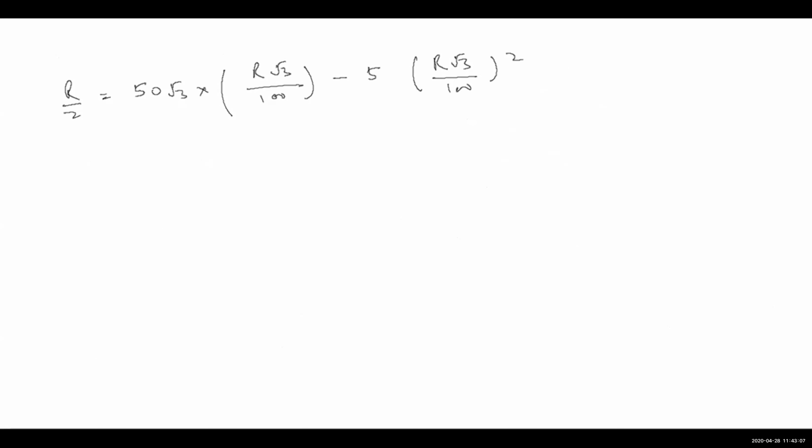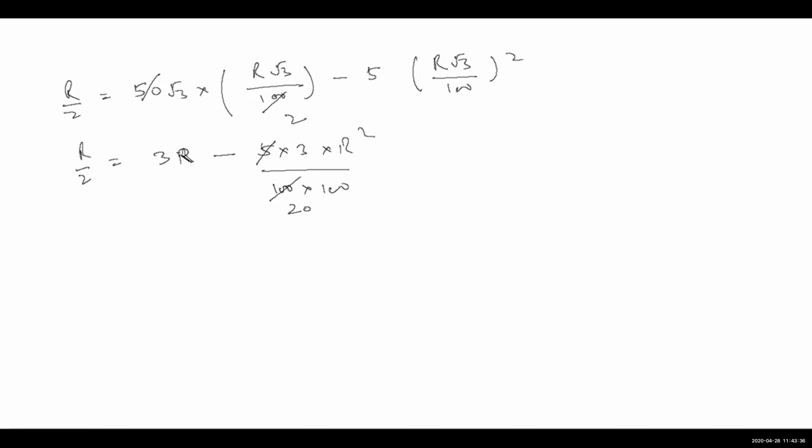So now I have a quadratic equation involving R. R by 2 is equal to 3R minus 5 into 3 into R square divided by 100 into 100.